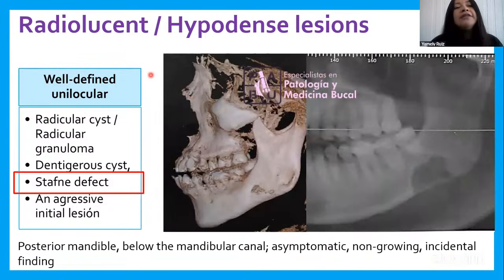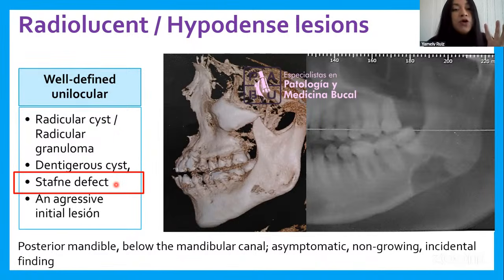The third entity of this group of well-defined unilocular entities is the Stafne defect. Stafne defect is not a pathology like that. This is more considered an anatomic variation. It is a finding that is located in the posterior mandible, body of the mandible, and below the mandibular canal.